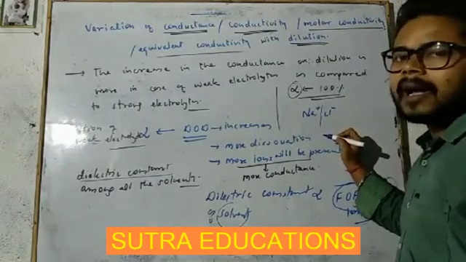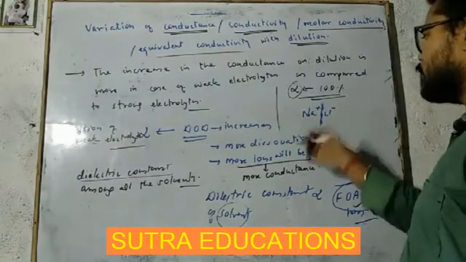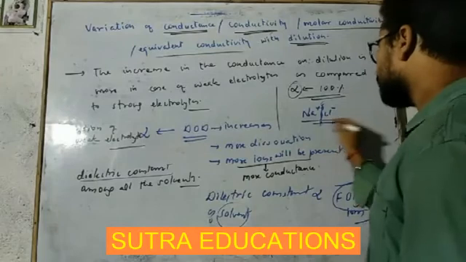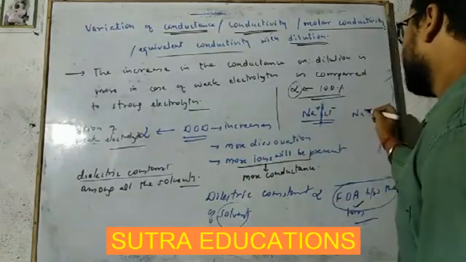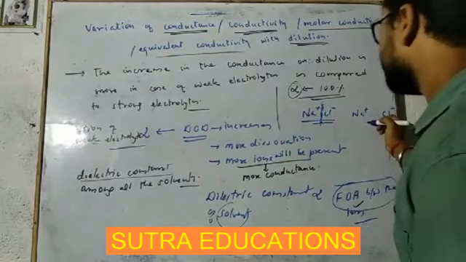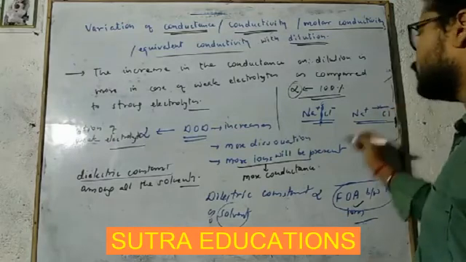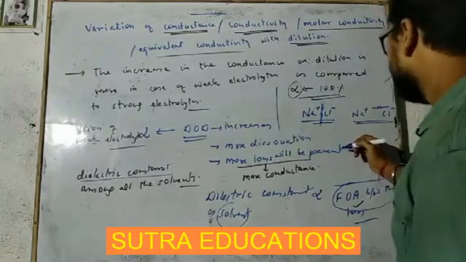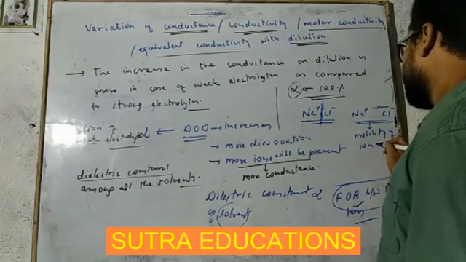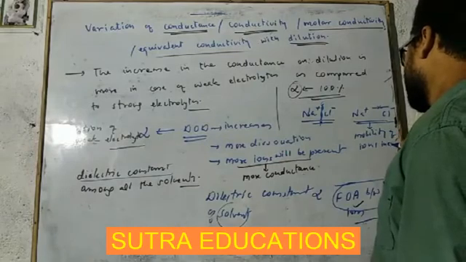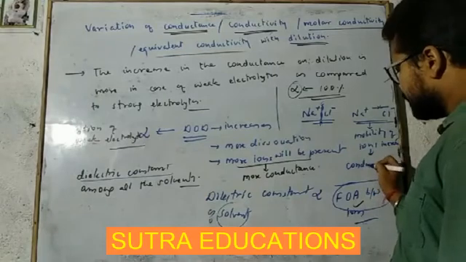Due to the high value of dielectric constant of water, the separation between Na+ and Cl- increases. Now, if the separation increases, the force of attraction between these two decreases. So due to this, the mobility of ions increases. And if the mobility of ions increases, then conductance increases.